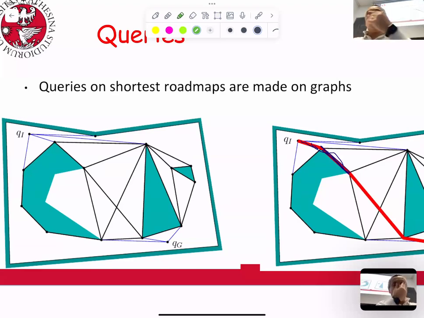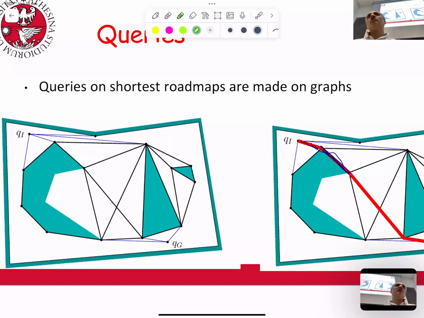Or you can go for an approximate solution, like using quad trees. You split your space adaptively so that when you are far away from the obstacles, you use larger cells.